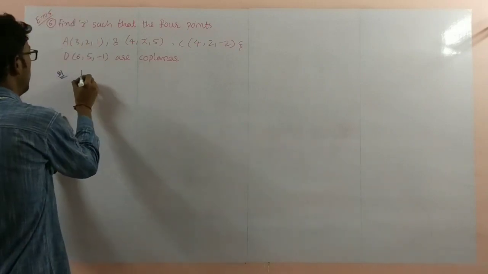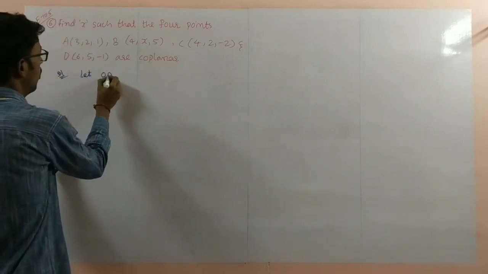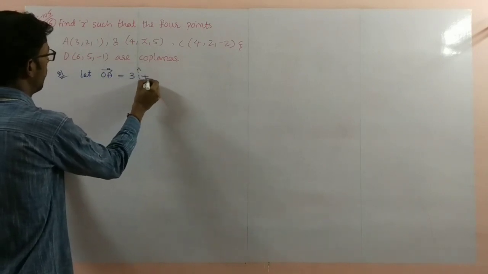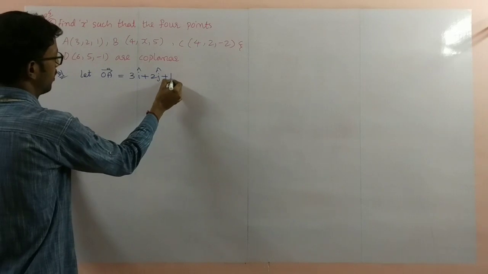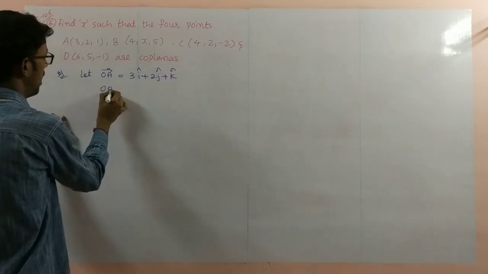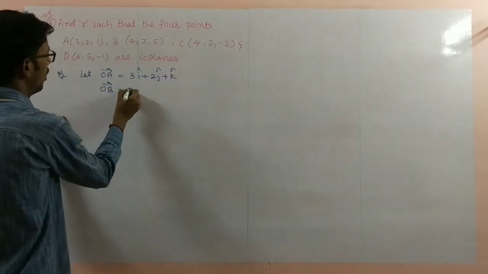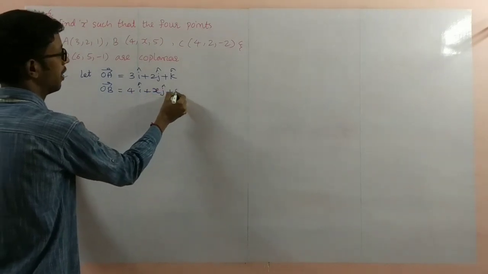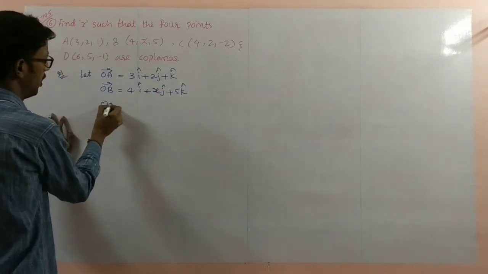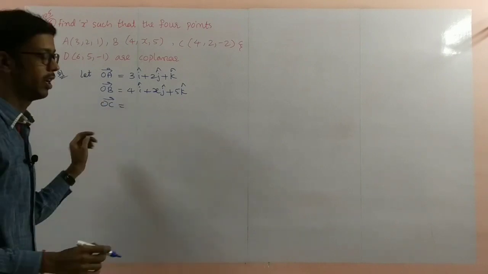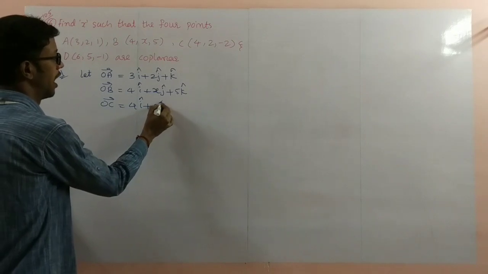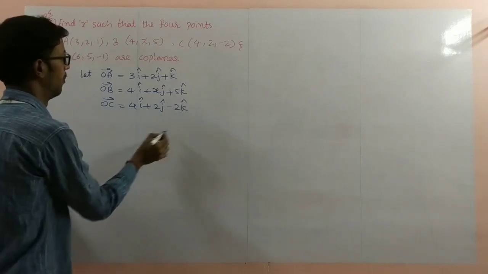Solution, let OA bar equal to 3i cap plus 2j cap plus k cap. OB bar equal to 4i cap plus xj cap plus 5k cap. OC bar equal to 4i cap plus 2j cap minus 2k cap.